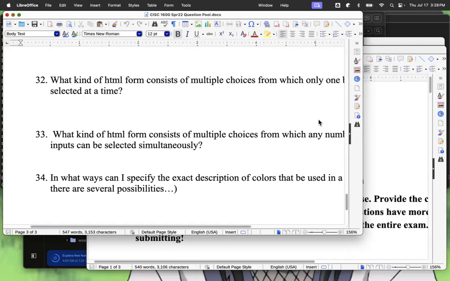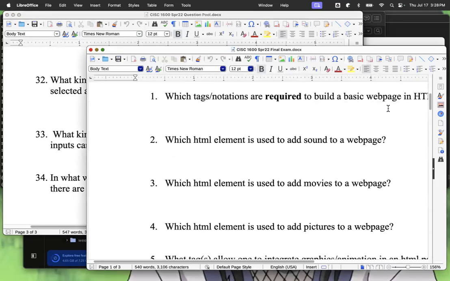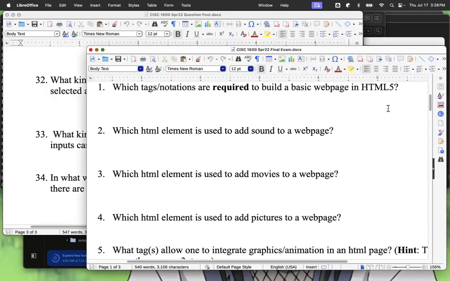If this class were longer, I would probably space things out with different exams, and then the question pool would build up more slowly. Now, if you take a look at the final exam, this right here: which tags are required to build a basic web page in HTML5?